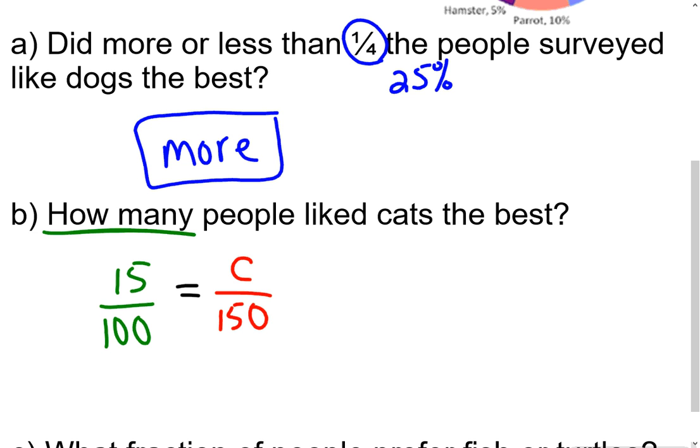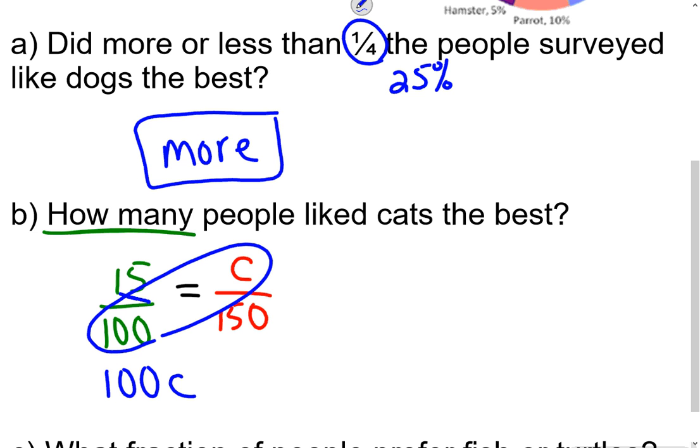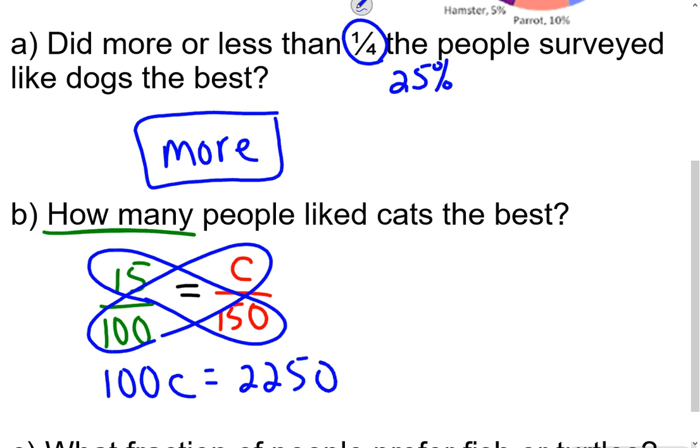Now I have to solve my proportion. So in this proportion, I think it looks best to cross multiply, because I can't multiply 100 by something to get to 150, and 15 doesn't go into 100 real nice. So I'm just going to cross multiply, and I find out that 100C equals 2,250.